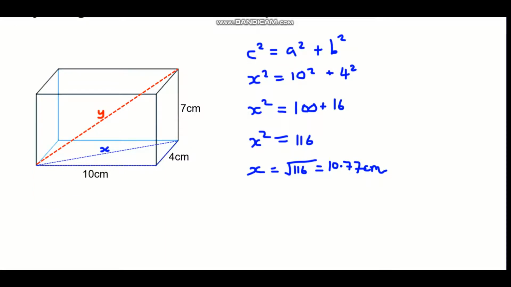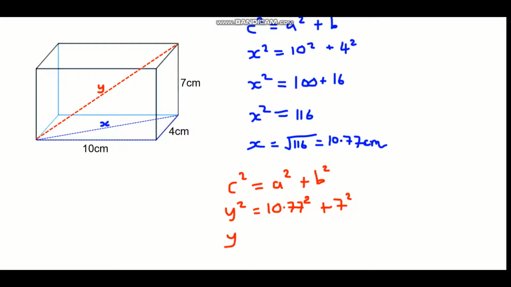So again, Pythagoras theorem, c squared equals a squared plus b squared. y squared this time is 10.77 squared, that's our diagonal length across the base, plus on 7 squared, and that's the height of our cuboid.